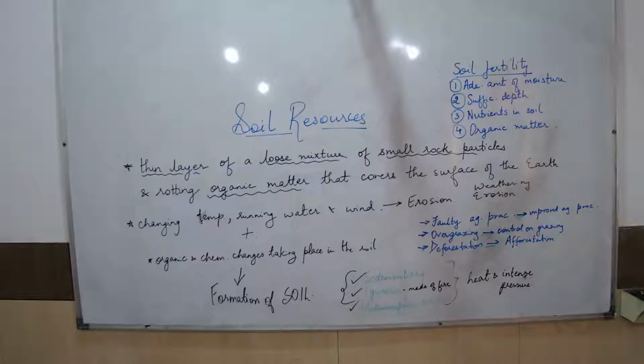These soils are ex situ, that is, they are transported by various agents of erosion. Which are the agents of erosion? You even have glaciers, which is not mentioned here. These soils consist of sediments carried and deposited by rivers and winds.